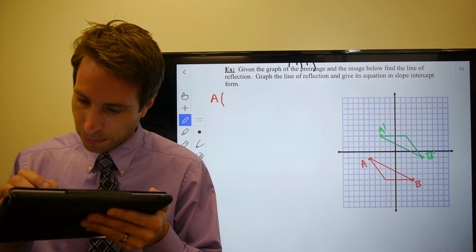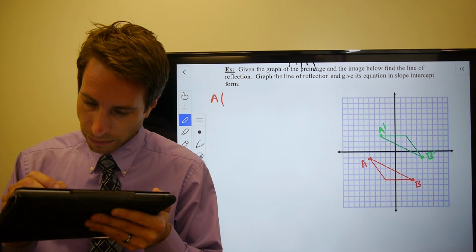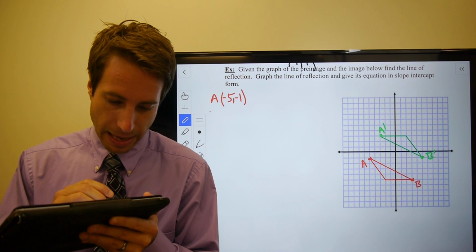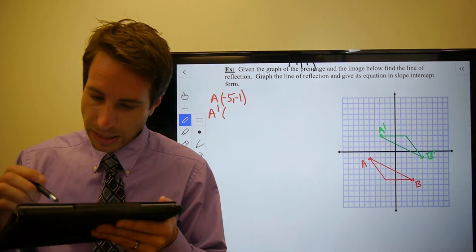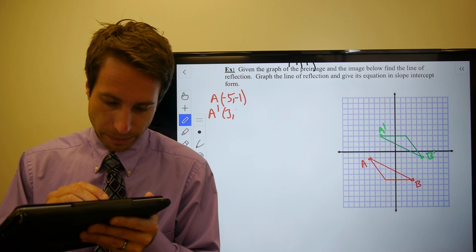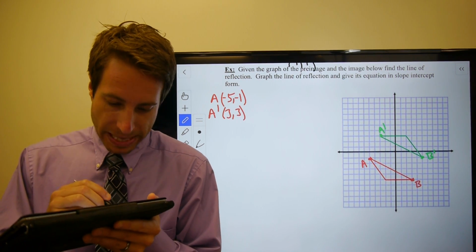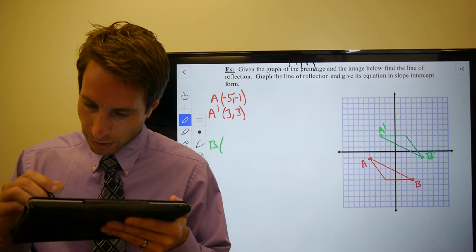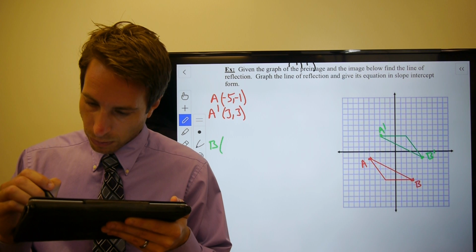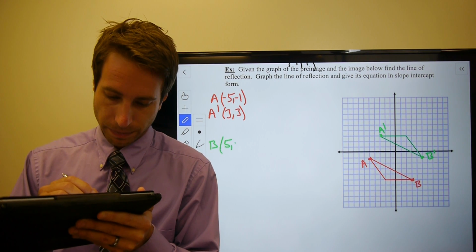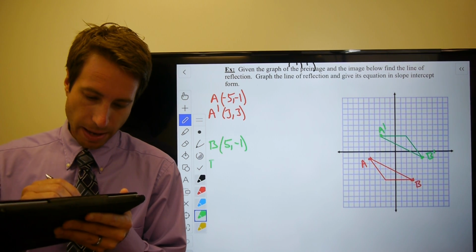A is at the point -5, -1. A prime is at 3, 3. B is at 5, -1.